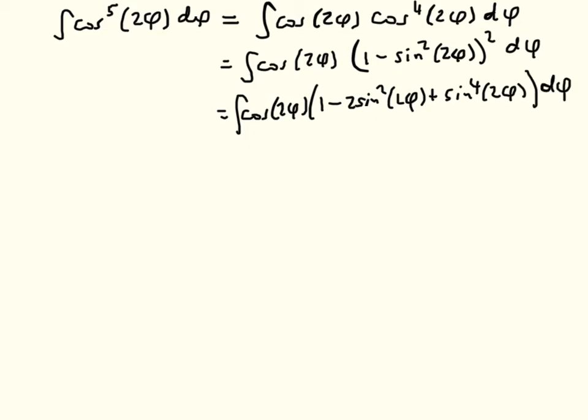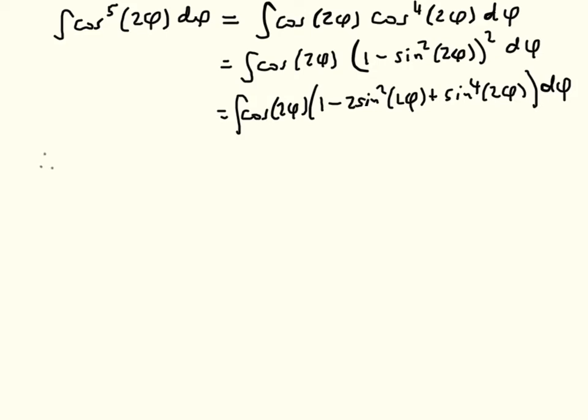So now we have got three integrals: the integral of cosine of 2 phi, which is standard, the integral of the cosine times sine squared, both of 2 phi, and that is not a difficult integral, and the cosine of 2 phi times sine to the power of 4 of 2 phi, and that is essentially identical to the first one, but with a different power. So let's calculate all of these in turn.